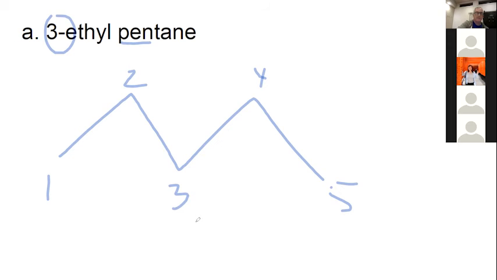And again, it doesn't matter which direction you go in, 3 is going to be the one in the middle. So what do I put there? How do I represent an ethyl group just using straight lines? A straight line going down and then another line coming off of it diagonally. That's right. So this line is a single carbon-carbon bond, and this line is a single carbon-carbon bond.